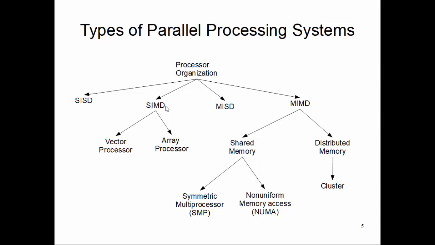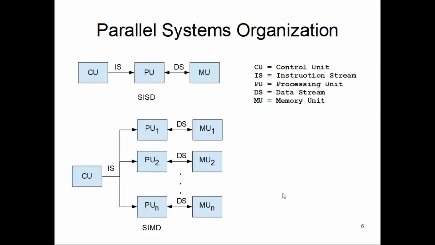SIMD we can further classify into vector processor and array processor, and MIMD we can classify into shared memory machines or distributed memory machines, where distributed memory machines are mostly in the form of cluster systems, whereas shared memory we can classify further into symmetric multiprocessor or SMPs and non-uniform memory access or NUMA systems. We'll go into details of at least a couple of them in this tree.